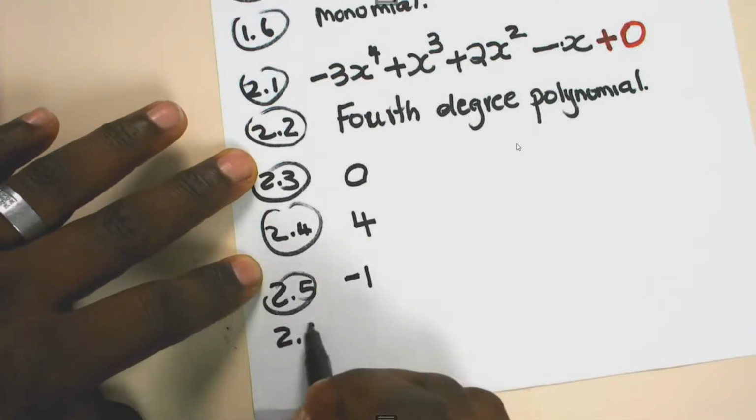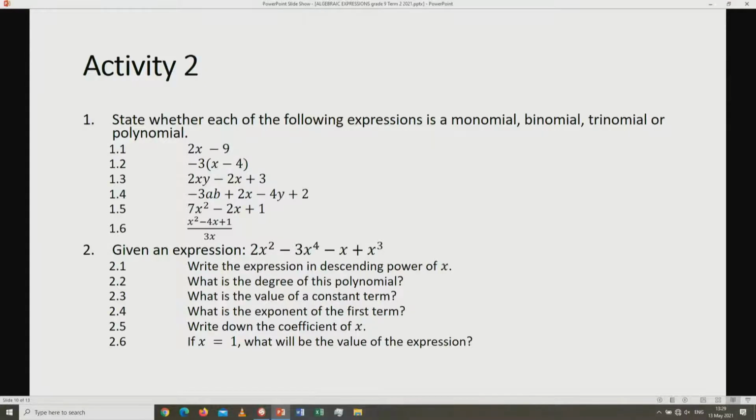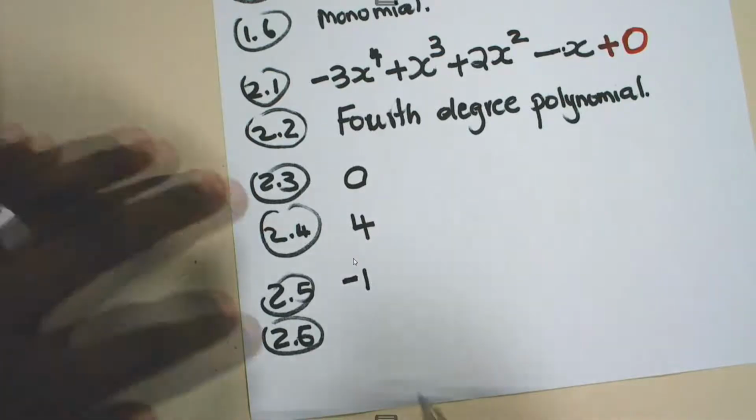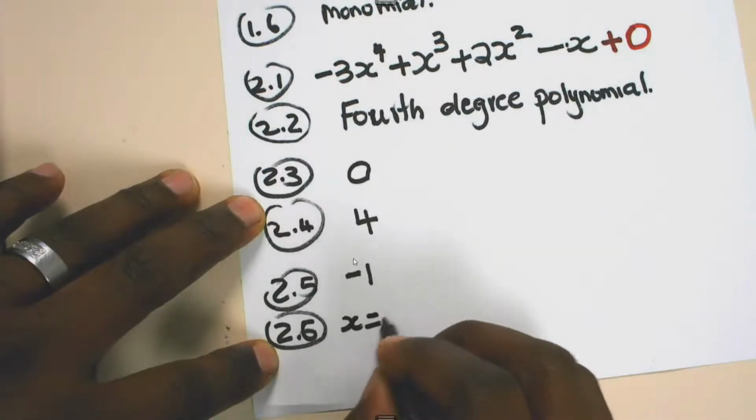At 2.6, what is the value of the expression? At 2.6, if x is equal to 1, what is the value of the expression? So in this case, they are saying, if in the position of x it is 1, what will be the value of the whole expression? So we will be doing this when x is equal to 1.